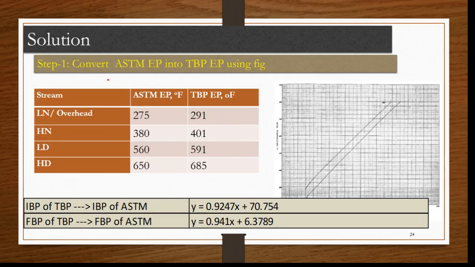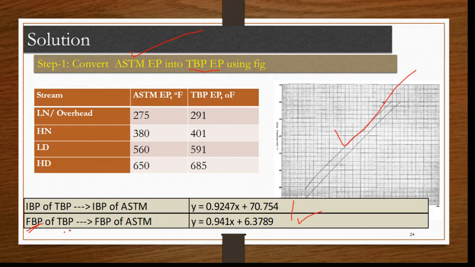The first step is basically the conversion of ASTM endpoint into the TBP endpoint. Either you can use this figure or you can use these equations, the second equations, because we need only the final boiling point, that is the endpoint conversion.